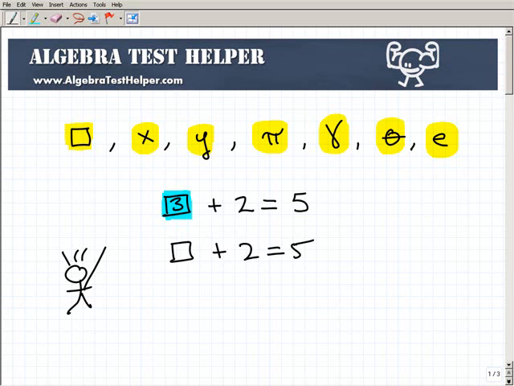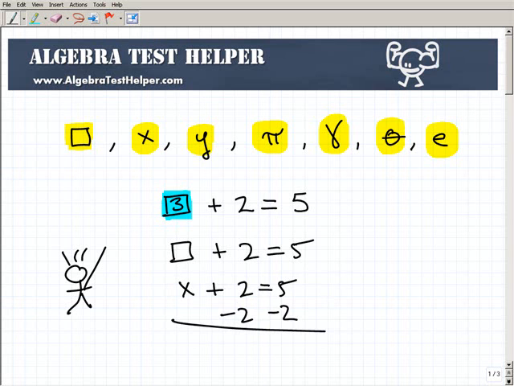So without even realizing it, you were doing algebra way back when you were 5, 6, 7 years old. Because this box, I could certainly just put an x there, right? x plus 2 equals 5. Now your teacher wasn't teaching you things like subtracting 2 from both sides of the equation, etc. But conceptually, you were doing algebra. And this concept of a placeholder for a number was taught to you early on.